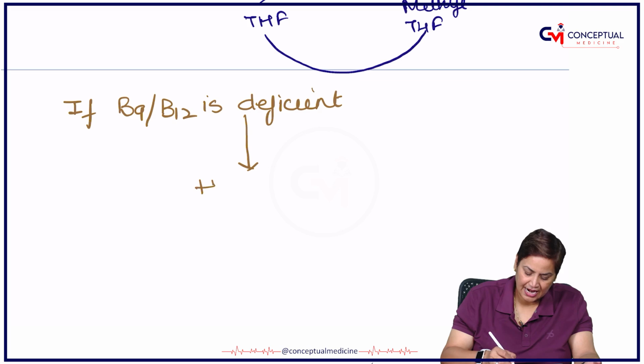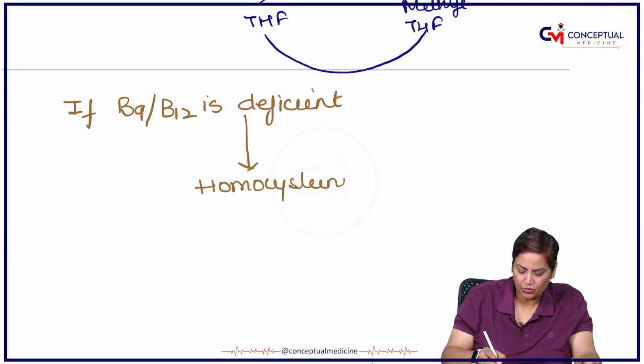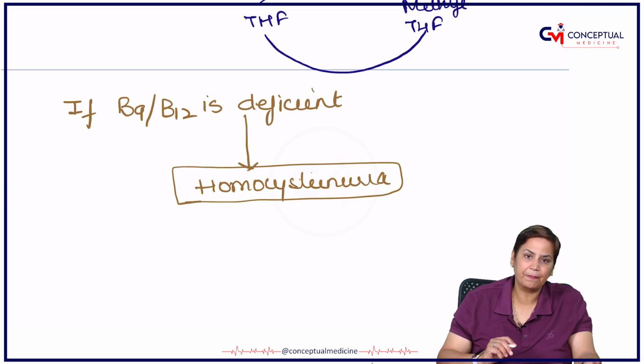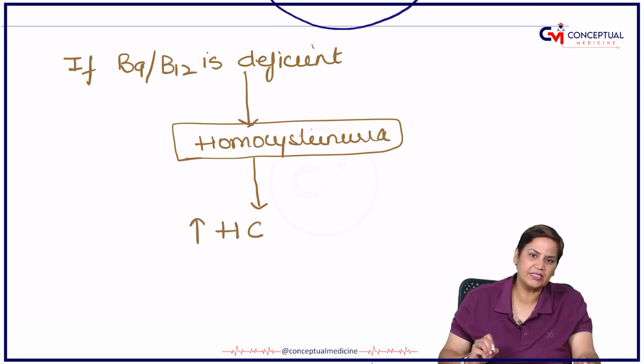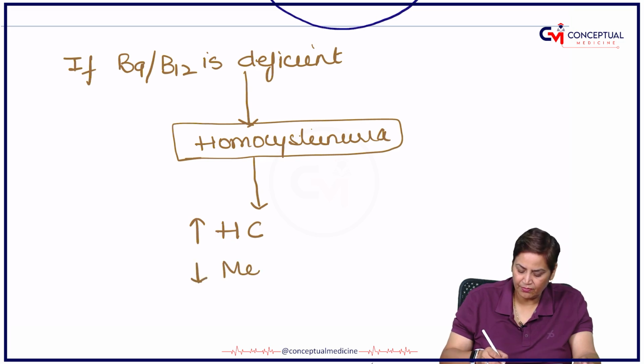So I can say that it will lead to homocystinuria. Now what happens in this homocystinuria? If we see it like this, as per the diagram, I can say that there is increased concentration of homocysteine and decreased level of methionine.